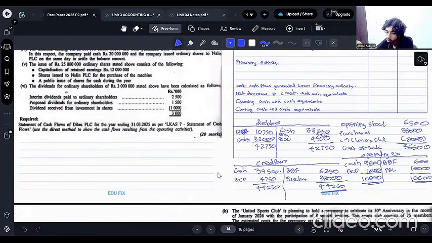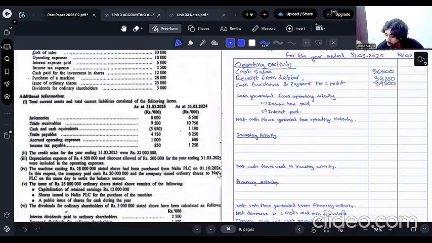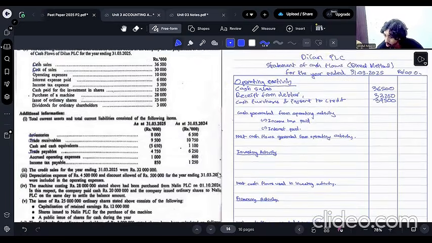Then the actual amount received in cash will be 32,750, right? 32,750. Okay. Cash purchase and payment to creditor minus 39,500 minus 39,500.